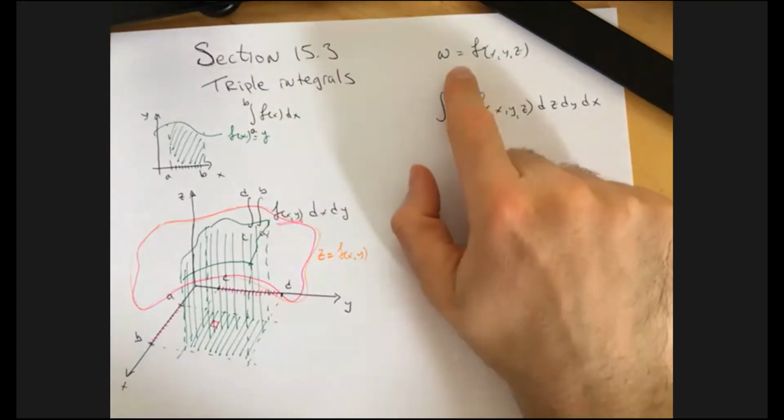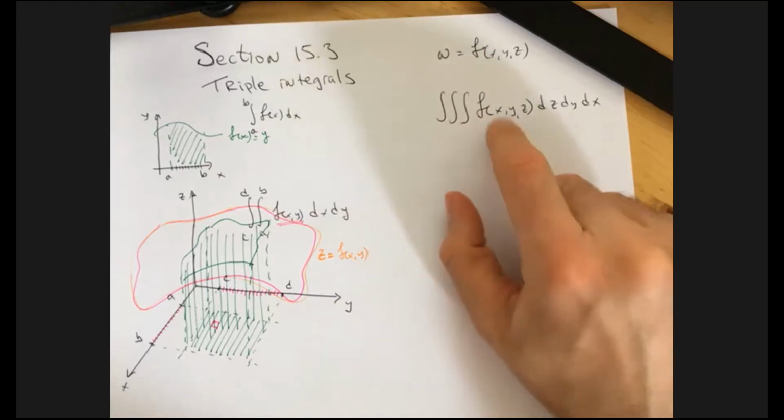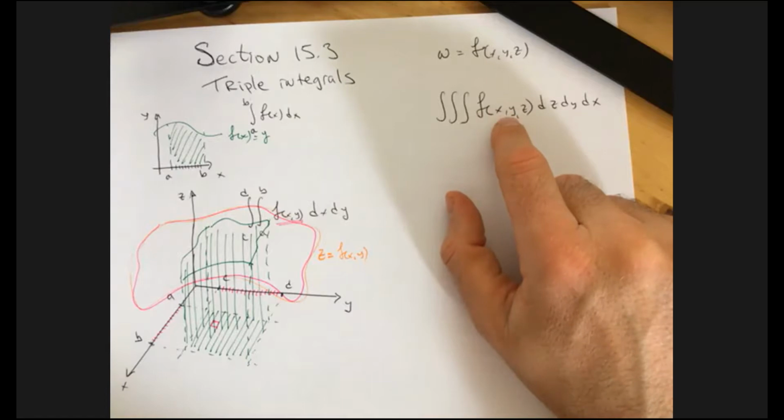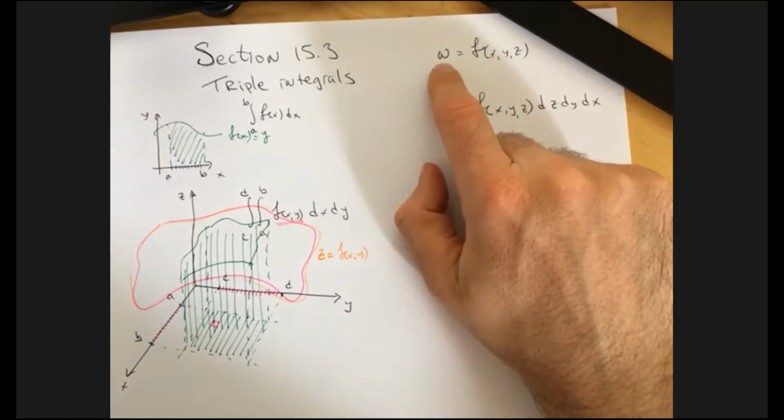And then the triple integral. I have a four-dimensional object that I'm not even going to try to imagine, and obviously not try to sketch. But what I can sketch is the region, or the solid, above which I integrate this four-dimensional object.